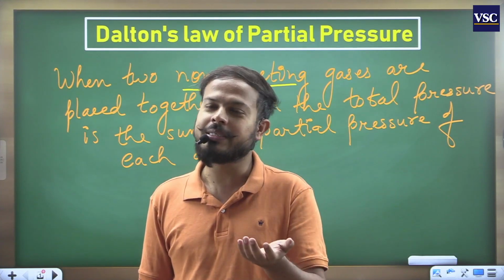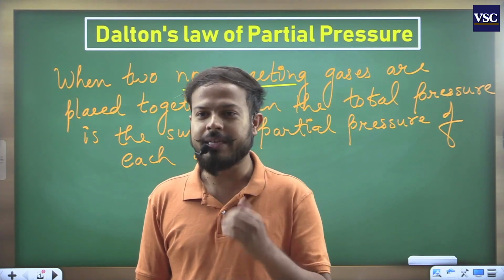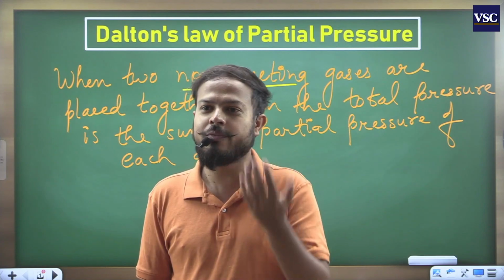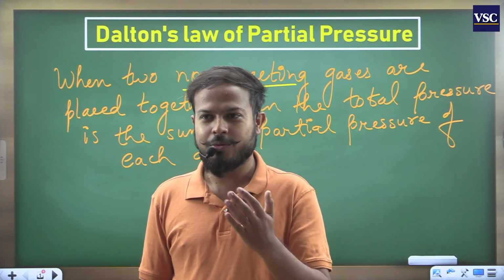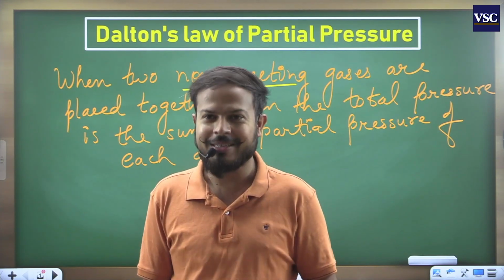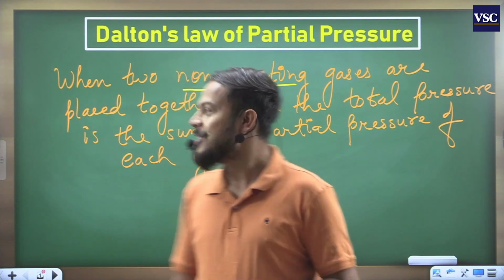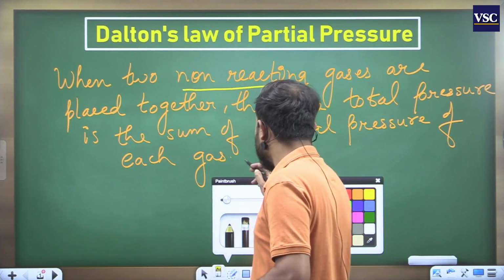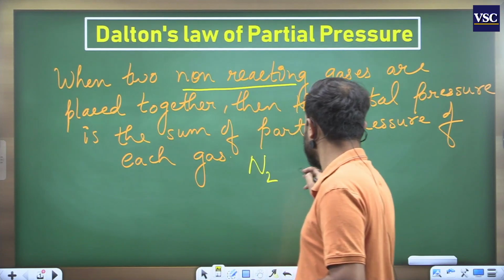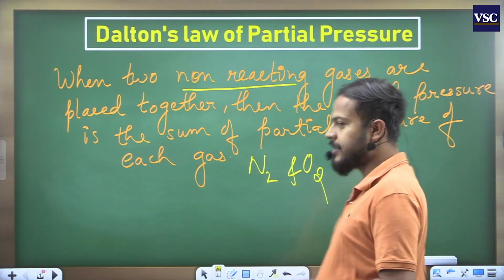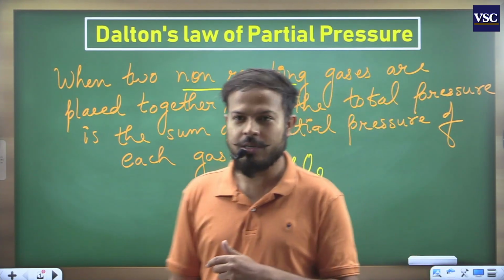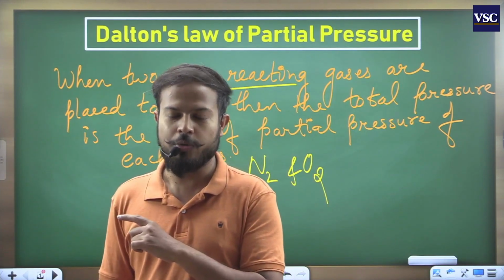Just think of the percentage of nitrogen in the atmosphere. It is 78%. If it were so reactive, do you think it would be 78% in the atmosphere? No, it would not. So N2 and O2 are non-reacting gases.